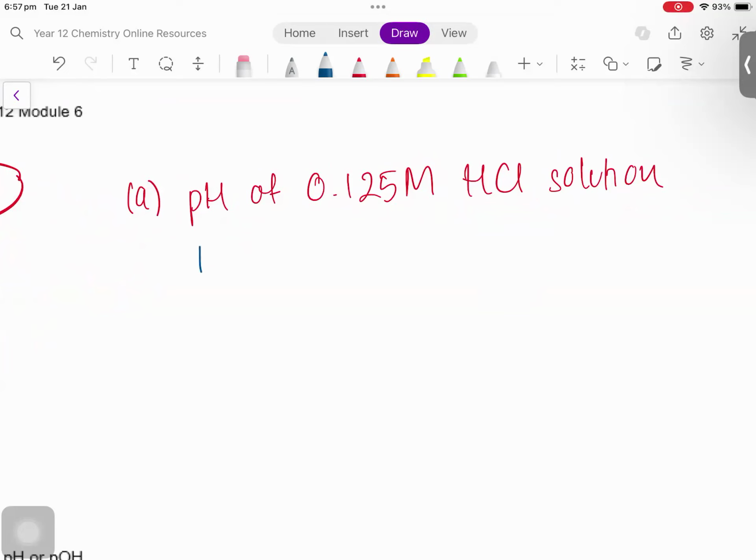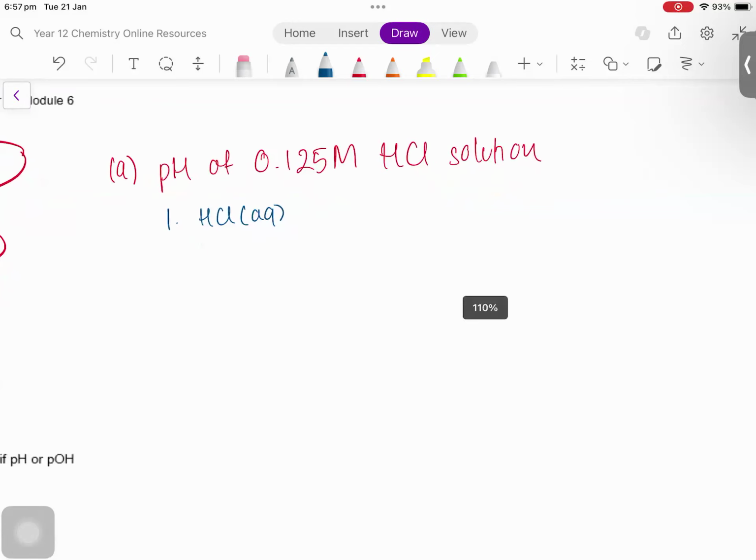Okay, so step number one, you're going to give me the dissociation equation that we've been practicing from last lesson. So Lauren, can you help me out? I'm going to start off with HCl aqueous for you. What's the rest of my equation? Plus H2O, and then an arrow.